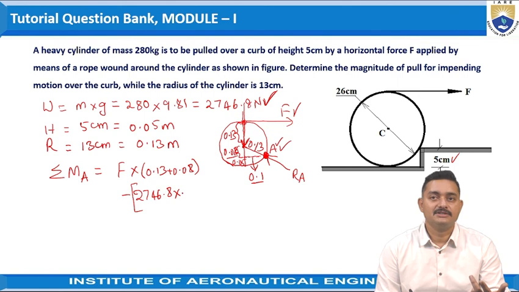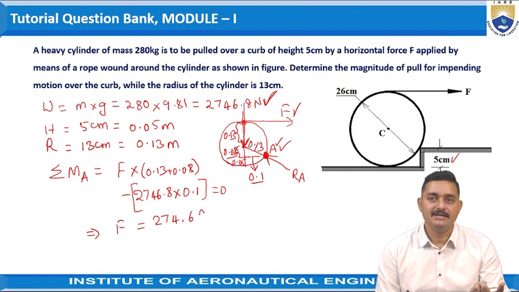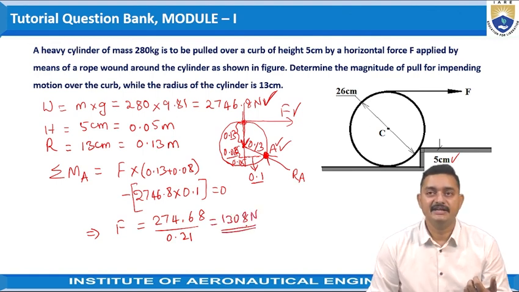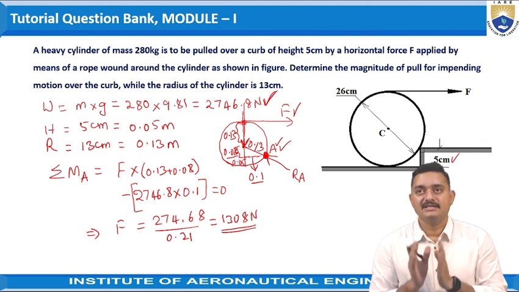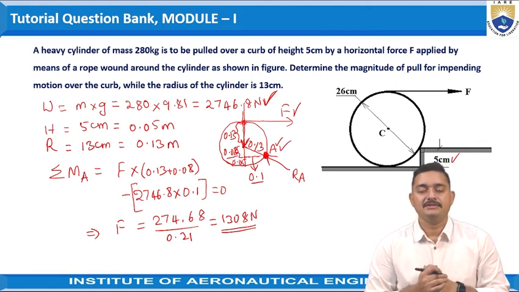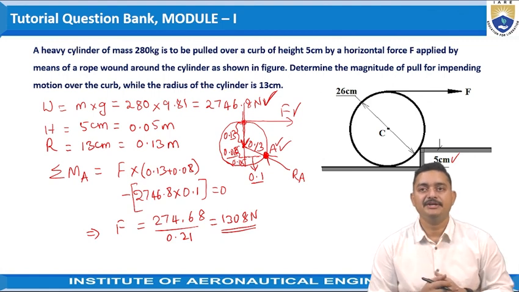When you solve this, setting the sum equal to 0, you will get F equal to 2746.8 by 0.21, that is equal to 1308 newtons. So the force needed for the cylinder for impending motion is 1308 newtons.